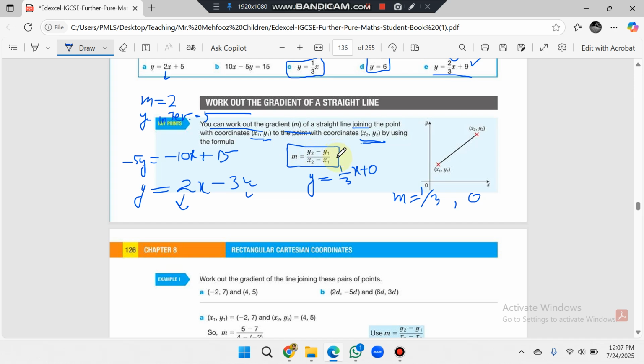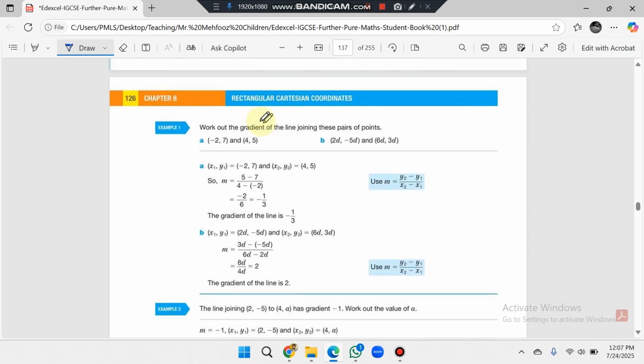Okay, so we can find the gradient m by using this formula when we have the points of the line. Next one is example 1. Work out the gradient of the line joining these pairs of points. A is minus 2, 7 and the next point is 4, 5.